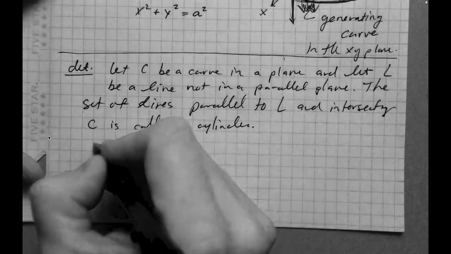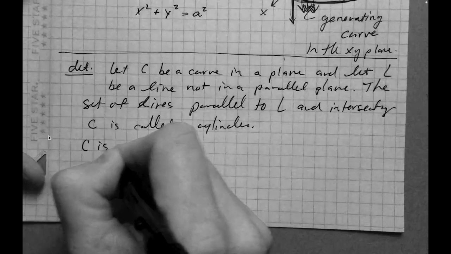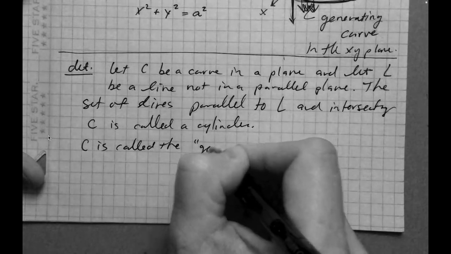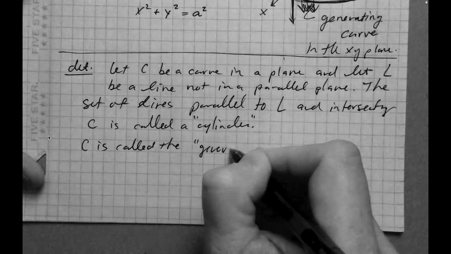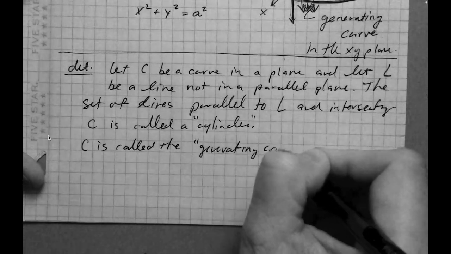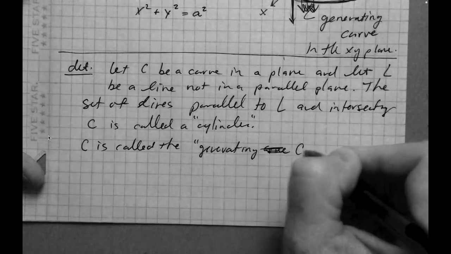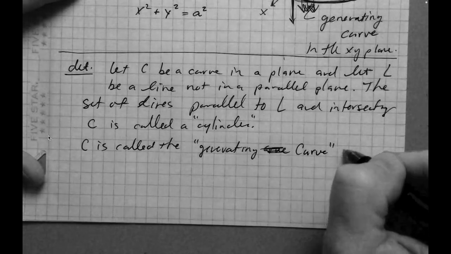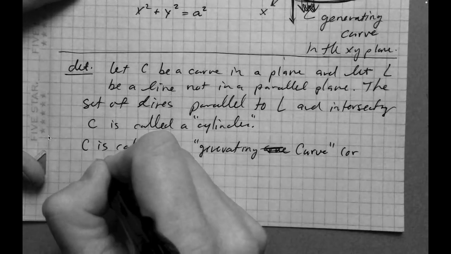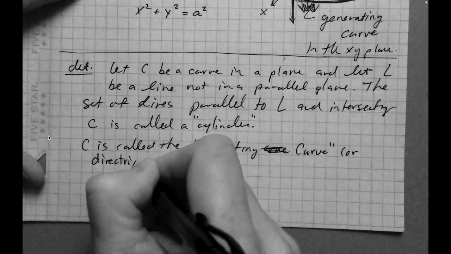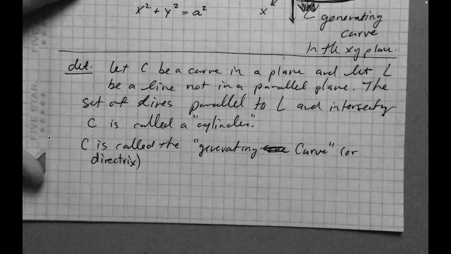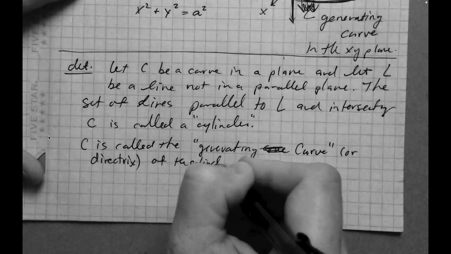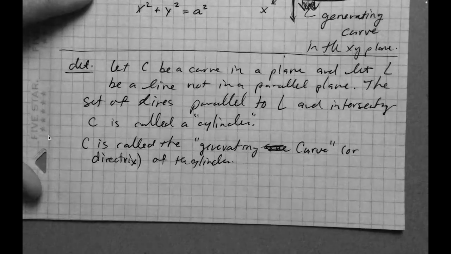A little more detail on this. C, we already said this, but let's write it down. C is called the generating curve. Another term that's used is the directrix of the cylinder. So C is called the generating curve of the cylinder.